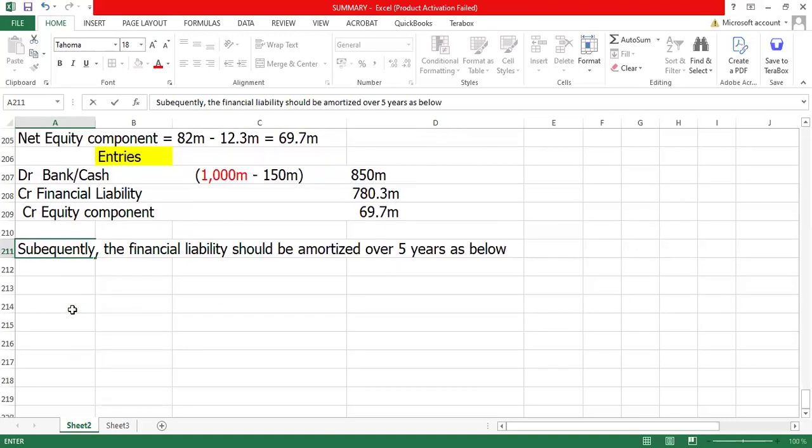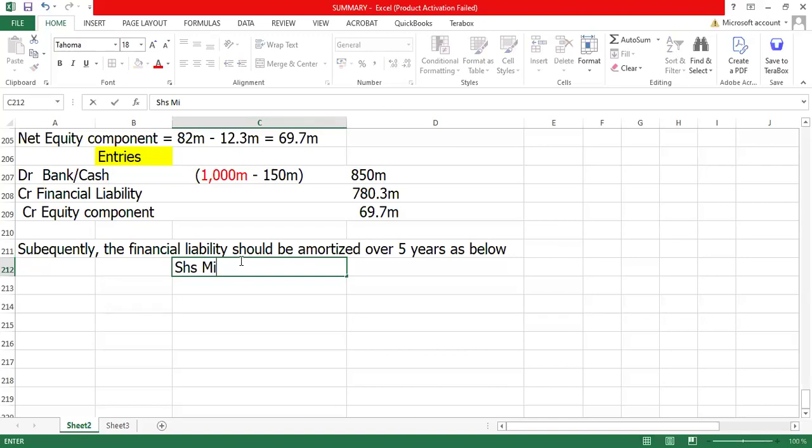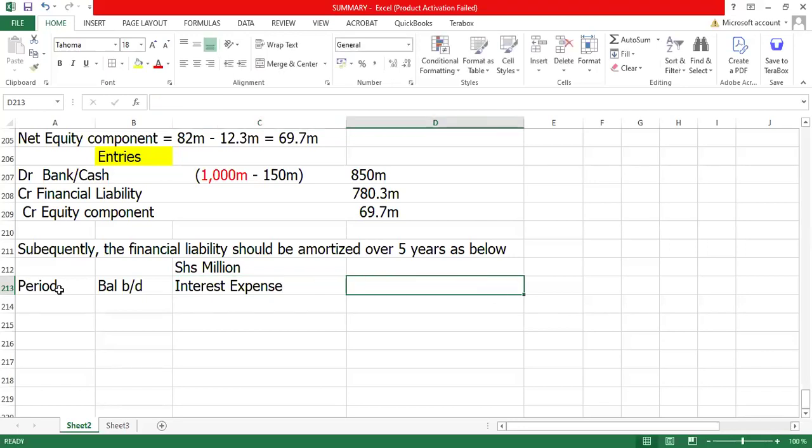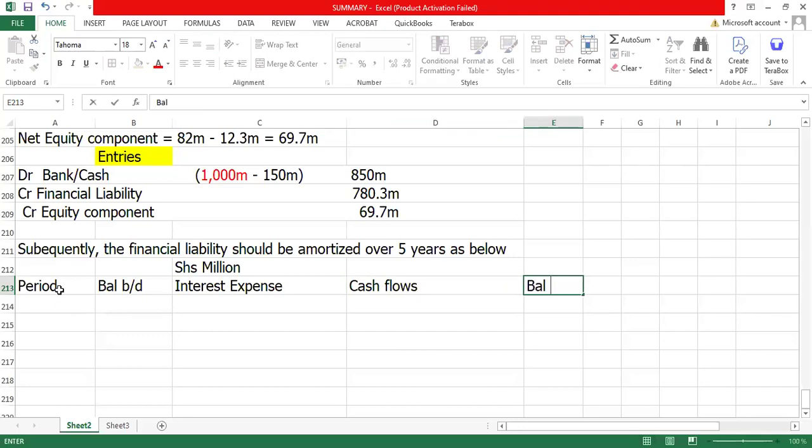Just amortize the financial liability, and that will be all. So let's amortize, in shillings, in millions. We draw our amortization schedule. Put period, put balance brought down, put interest. Because you're dealing with a liability now, you put interest expense. Remember, with an asset we put interest income. And here it's cash flows, but in your mind you know that this is cash outflow. Then balance carried down.